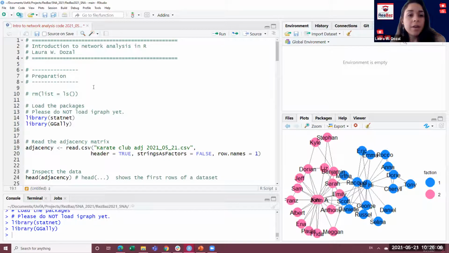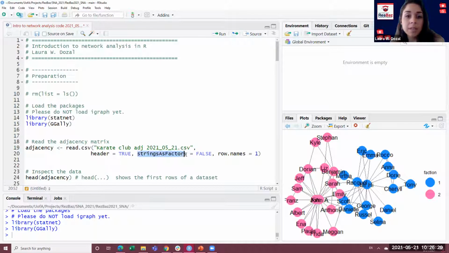So we're going to read in our adjacency matrix, and it is the Karate Club adjacency matrix file. It's a CSV file, and we're going to make sure that it reads that we do have headers, and we don't want to put the strings as factors.